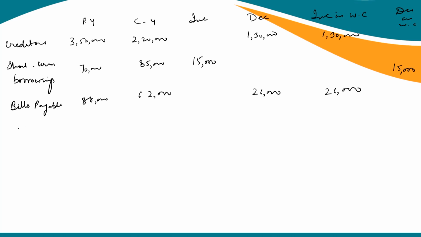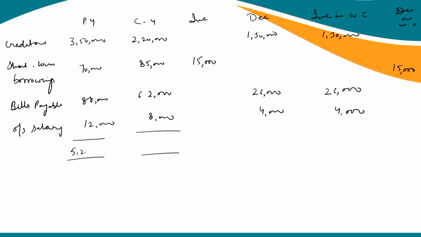Then we have outstanding salary 12,000 and then 8,000. Again there is a decrease, so it will have an impact of increase on working capital, making the sum total of the current liabilities 5,20,000, 3,75,000.